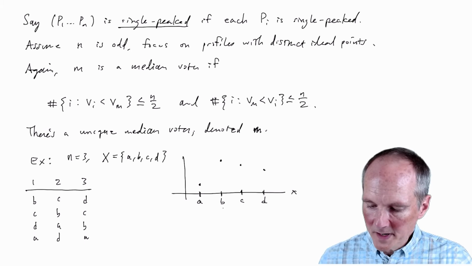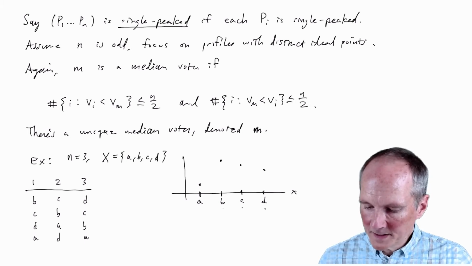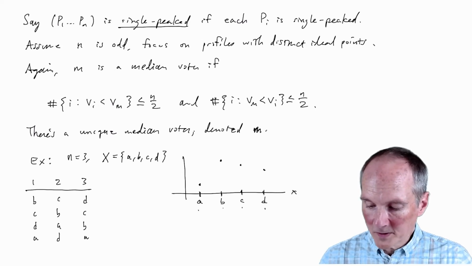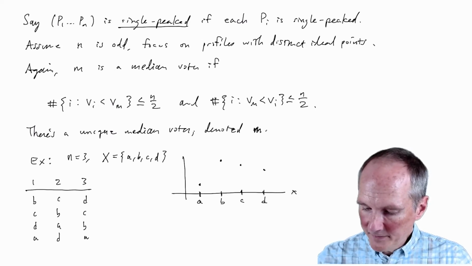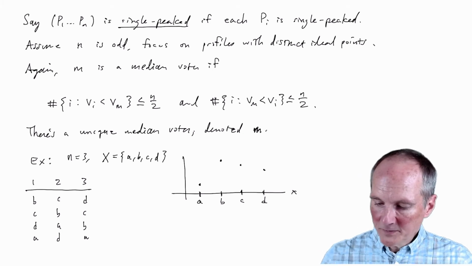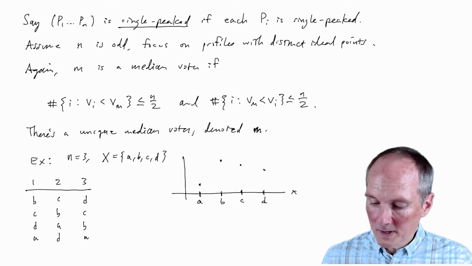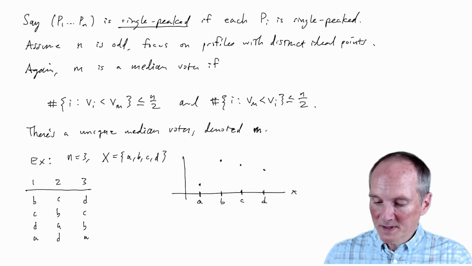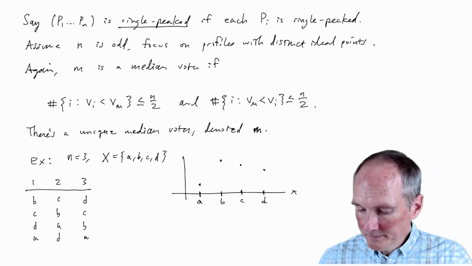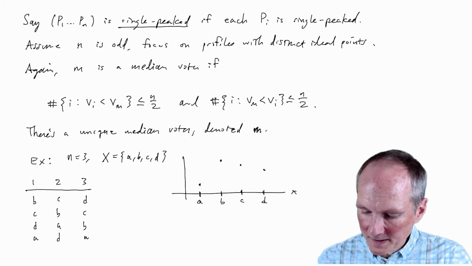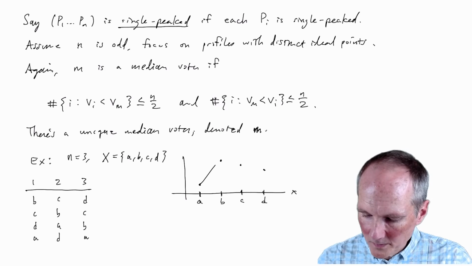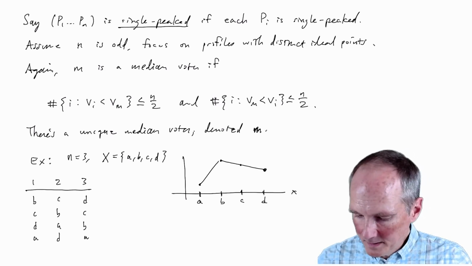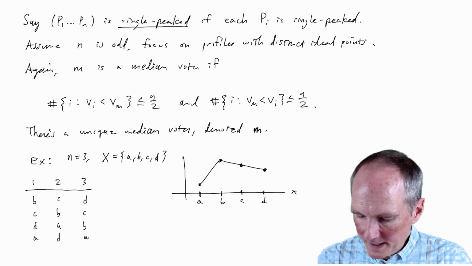We have the ideal point B, and then as we move to the right, things get worse, and then A actually is worse than all of the other alternatives. All right, so I've plotted 4 different utilities here. I'm just assigning utilities to these alternatives in a way that represents the ranking, and that's all I needed to do. Let me just connect the dots, even though that's not really technically needed. It's going to help us see that utility function.